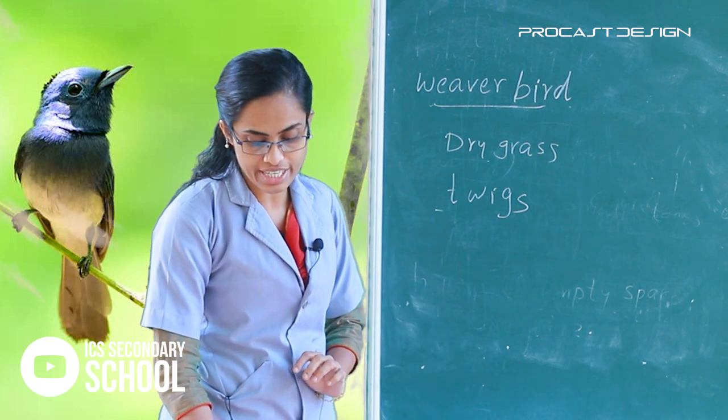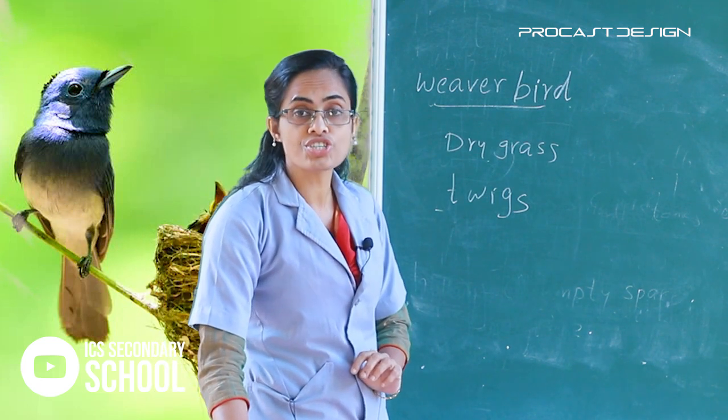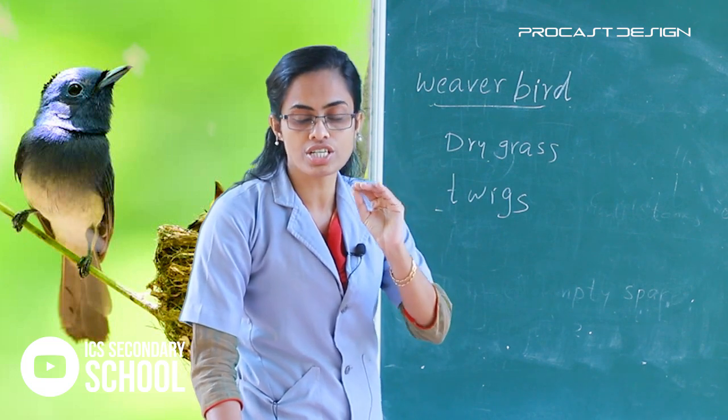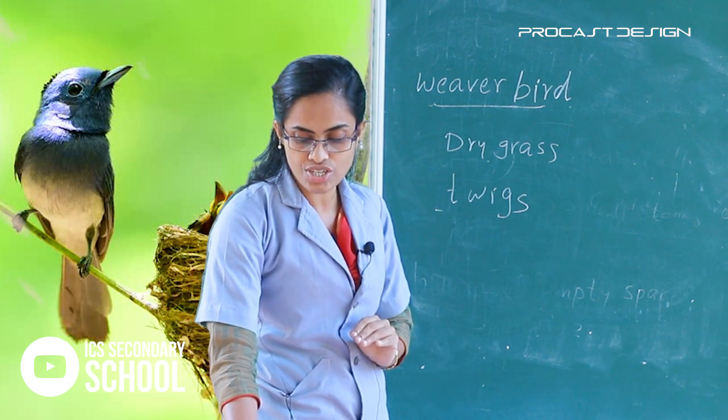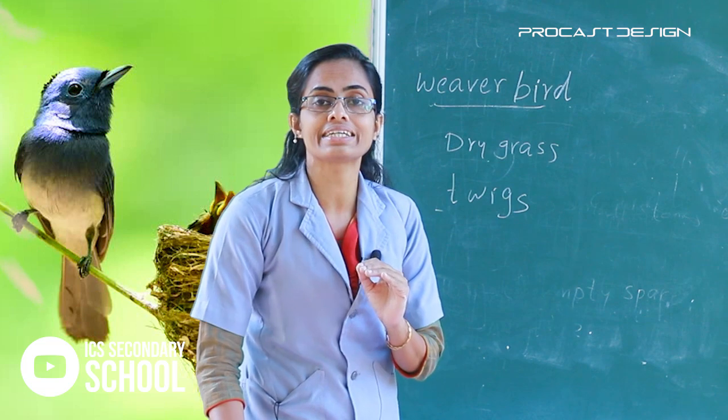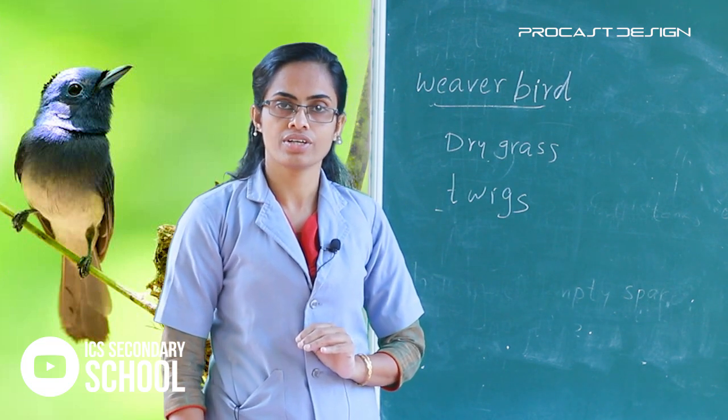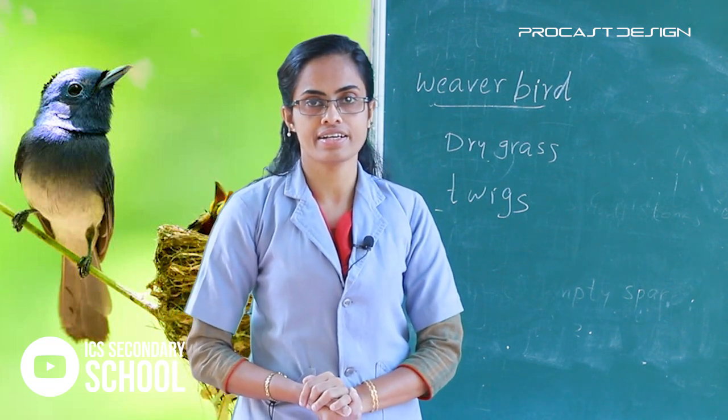And the next one, tailor bird. Tailor bird stitches broad leaves together with its sharp needle-like beak to build its nest. Clear? Do all of you understand what I say?